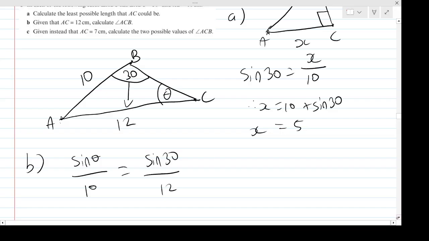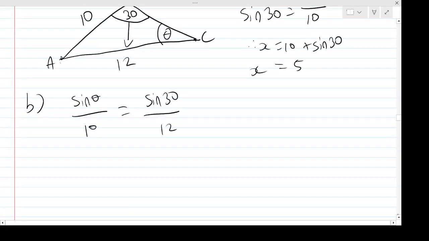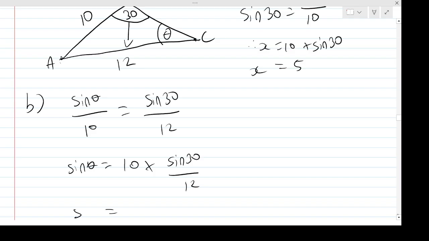So there we are then. To get sine theta, we're going to be doing 10 times sine 30 over 12. We'll put all that in a calculator. I get sine theta is 10 times sine 30 over 12, which is 5 over 12. Okay.